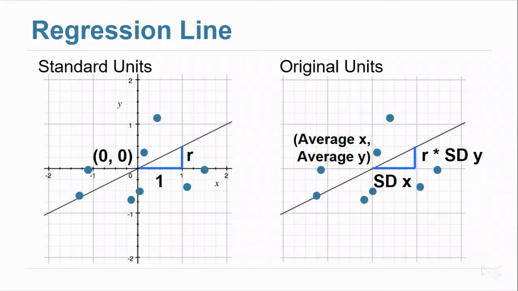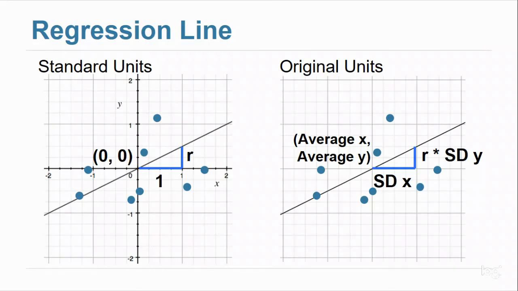This picture shows the connection between the measurements in standard units and the measurements in original units. Remember that in original units, if you have a value which is equal to the average of x, then in standard units, that value is 0.